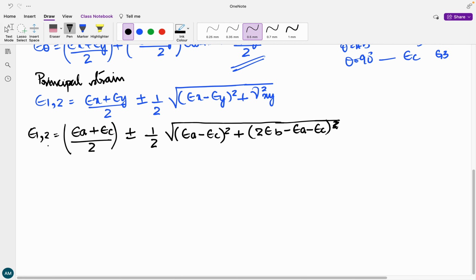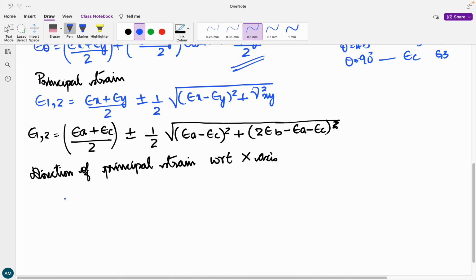Now let us find the direction of principal strain with respect to x-axis.